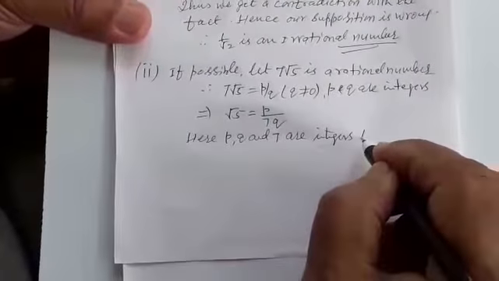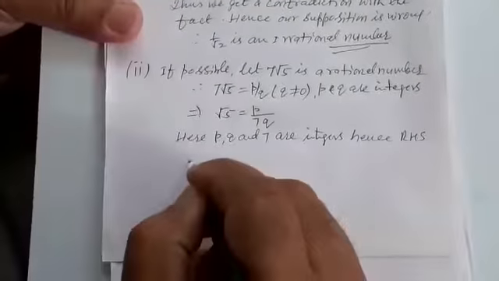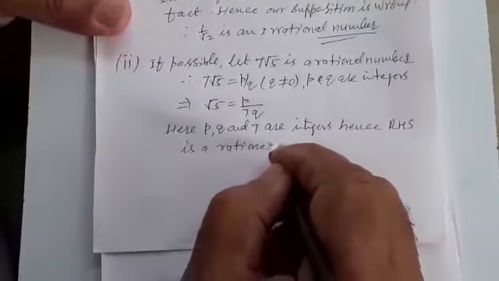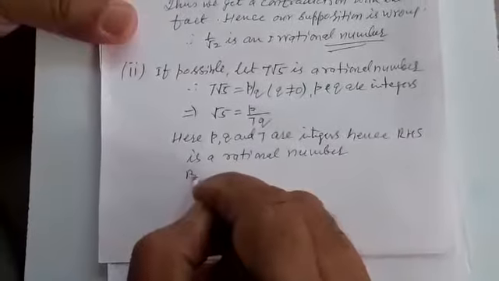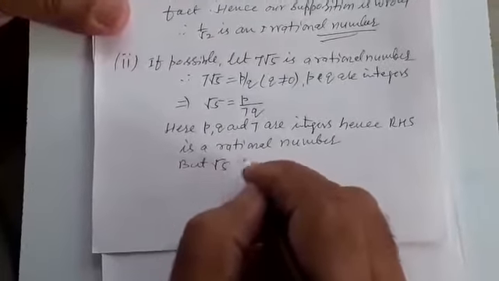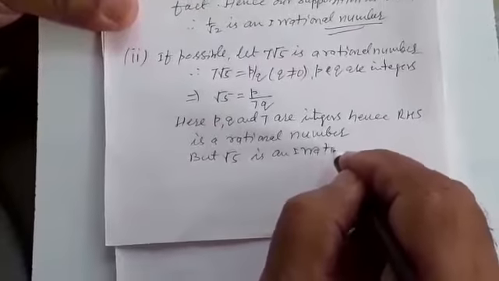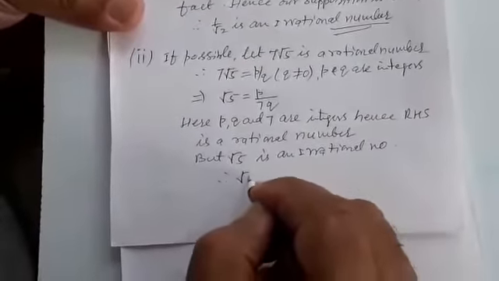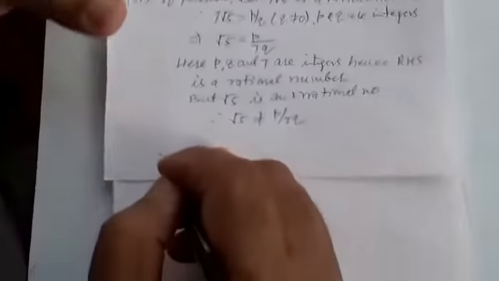Hence RHS is a rational number. But root 5 is an irrational number. Therefore root 5 can never be equal to P by 7Q.